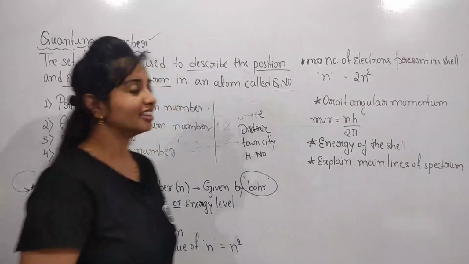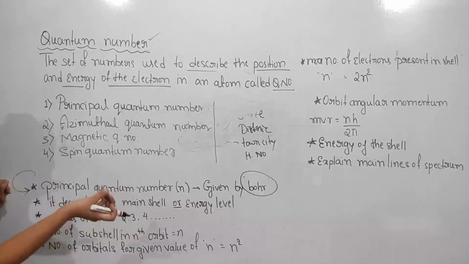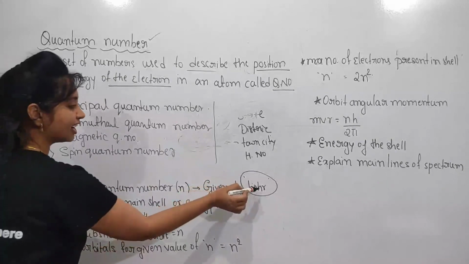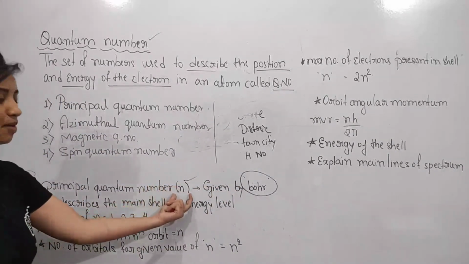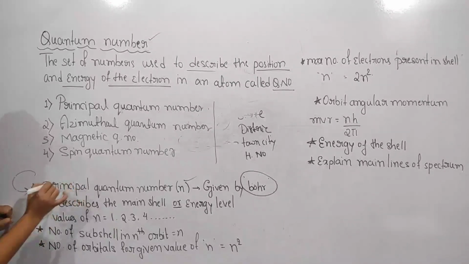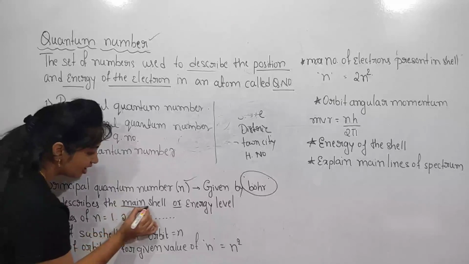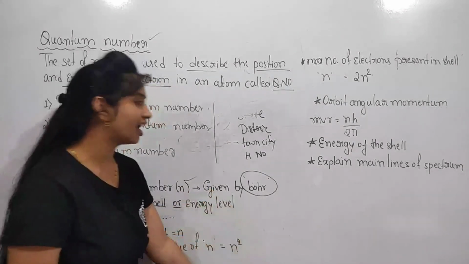Then you learned about these orbits or energy levels or shells, which are given by Bohr and represented by small n. And the principal quantum number describes the main shell or energy level of the atom.